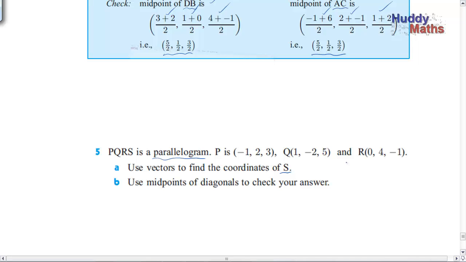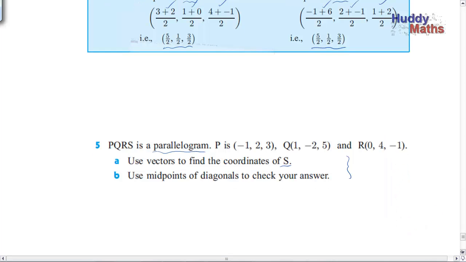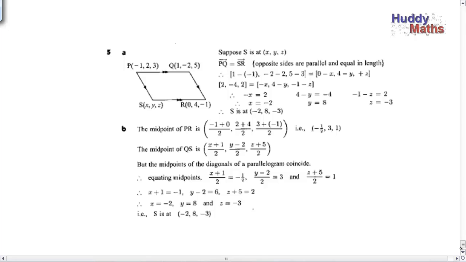It's just a repeat of that example, so if you need to, go back and have a look at that example, and then check your answer. So come down here now, and we'll check the answer. And there we have it. Just repeating the same sort of work that we had in that example.